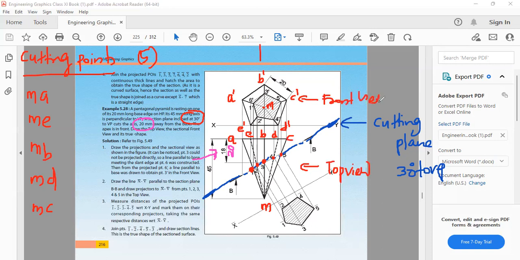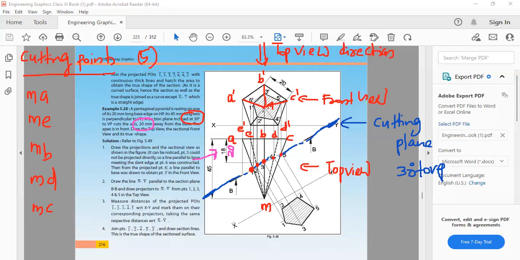In the top view, which edges are the visible slant edges? This is my top view direction. When I look from this side, you can see the top slant edges are MA, MB, and MC. Is this clear? MA, MB, and MC.